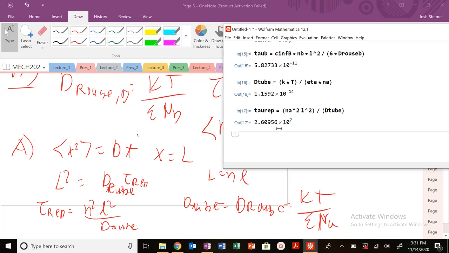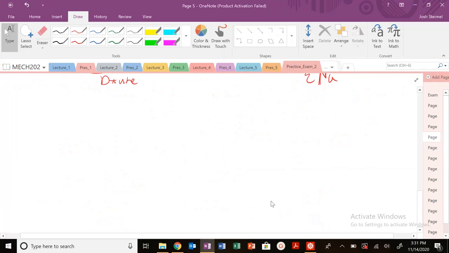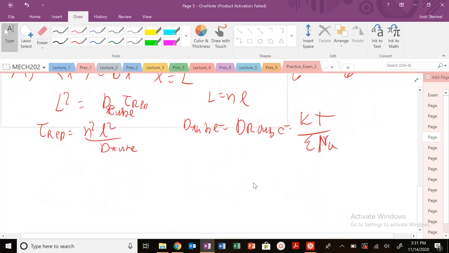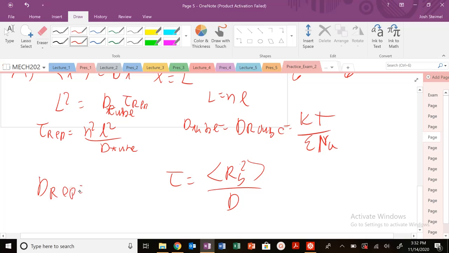So that's our tau reptation, and we know that the way we can get our diffusion is from the relationship that our longest relaxation time is related to when our polymer moves a distance squared over your diffusivity D. So my D of rep is just going to be equal to, switching this around, my Rg squared, which I know is N L squared C infinity over 6, over my tau rep.